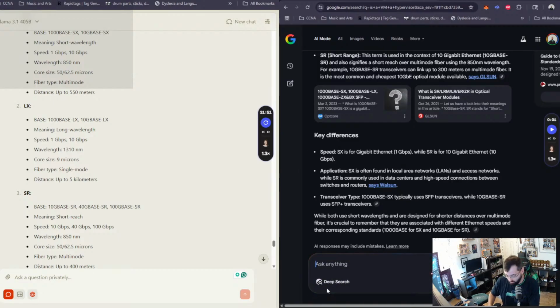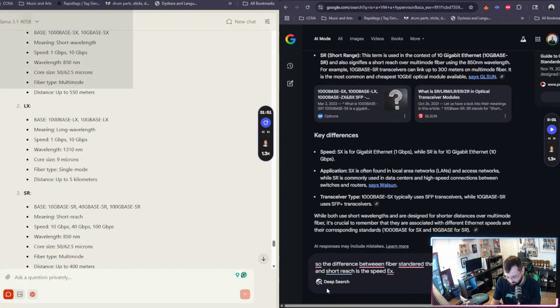Okay, so let's double check that and have it tell me no. So the difference between fiber standards that are short wavelength and short reach is the speed.